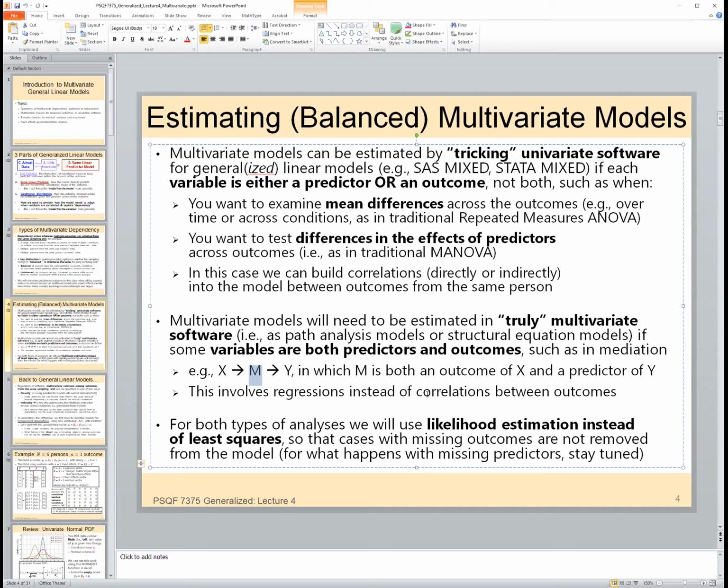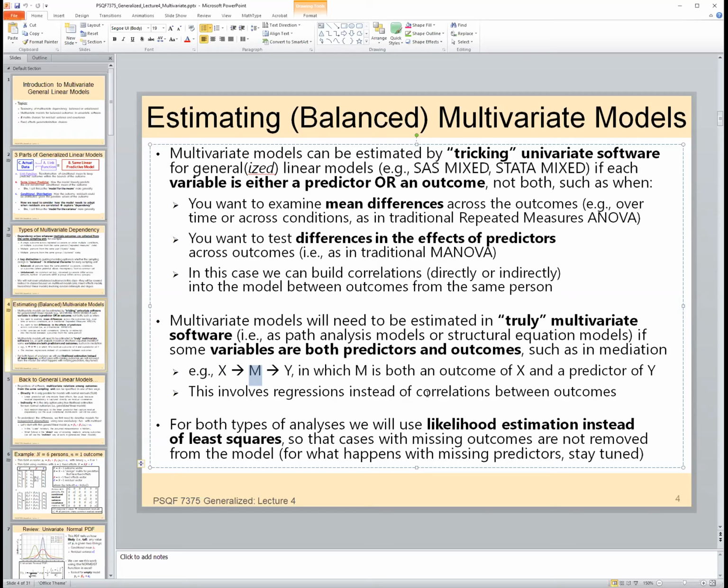But we're not going to be able to use SAS for truly multivariate models. We may be able to use Stata, but maybe not for everything. So I want to have you pick up another package, M+, so that you have the capacity to do any kind of multivariate model that you can think of. M+, by the way, is also what I'm planning on using in the structural equation modeling class in the fall, possibly Stata to some extent.